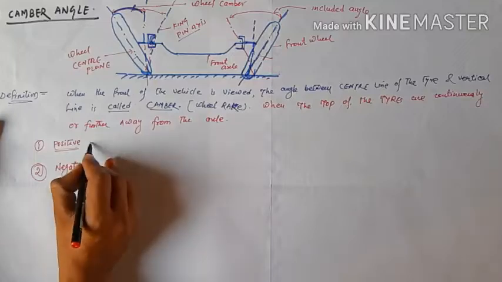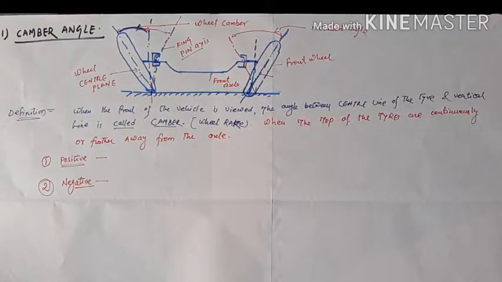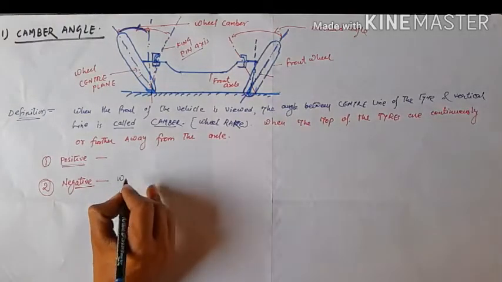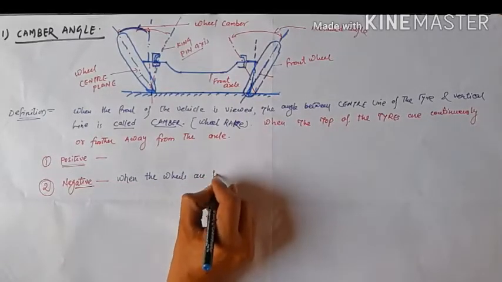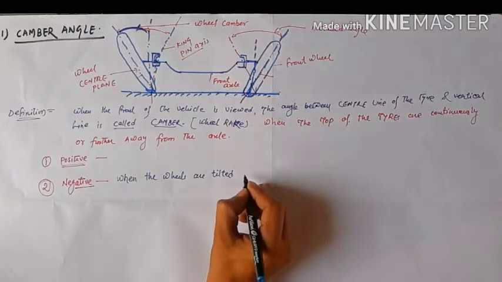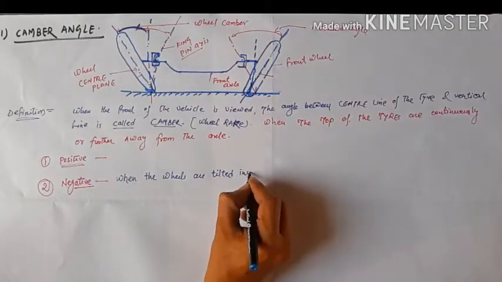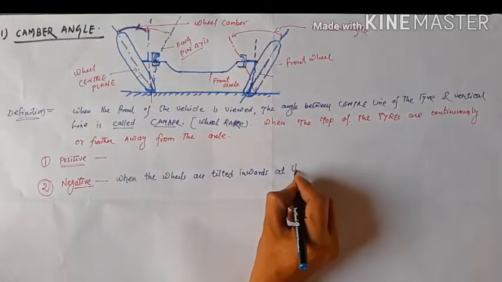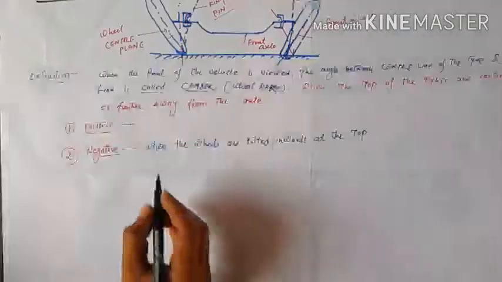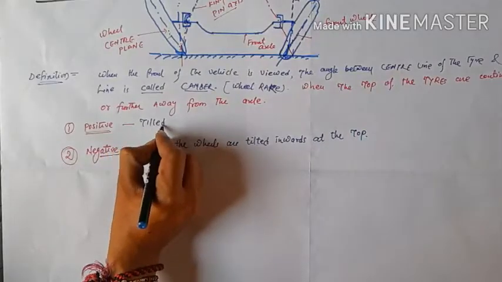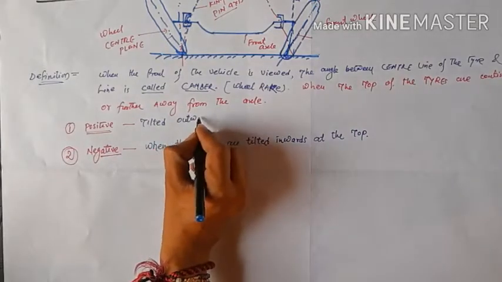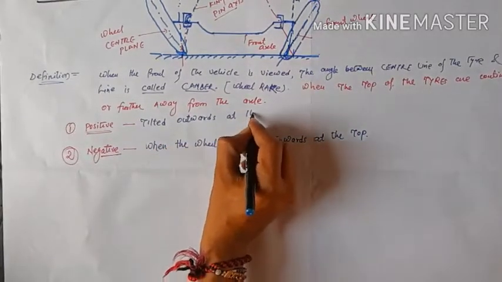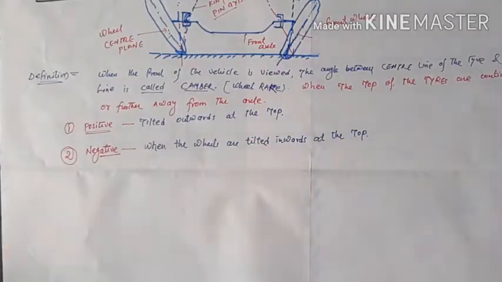When the wheels are tilted outwards at the top, then it is known as positive camber angle.